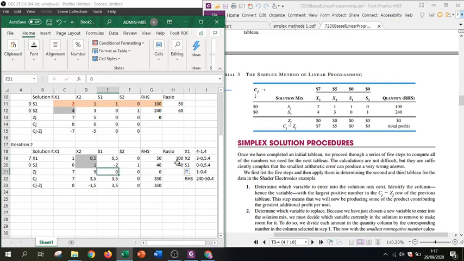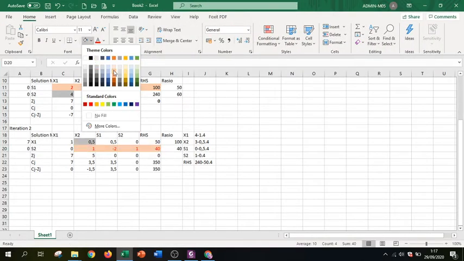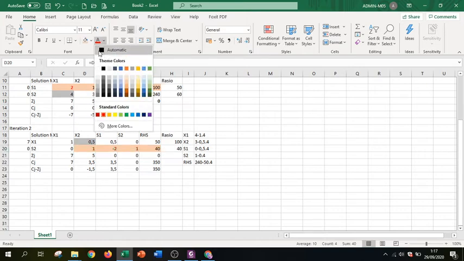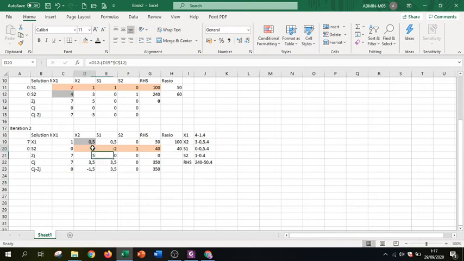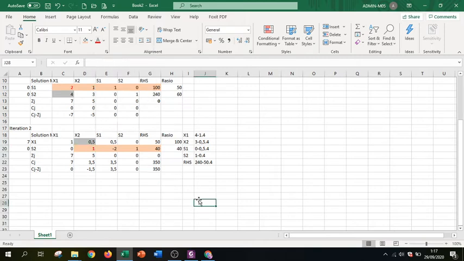So we choose the smallest ratio, which is here. So this is the pivot row, and this the pivot. So we can find the third iteration.